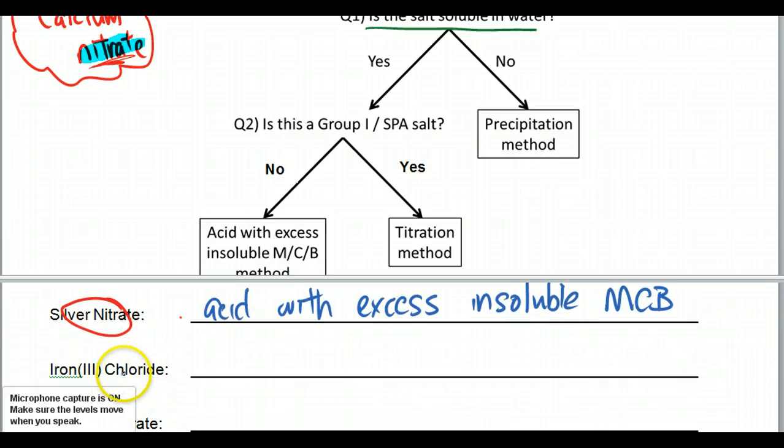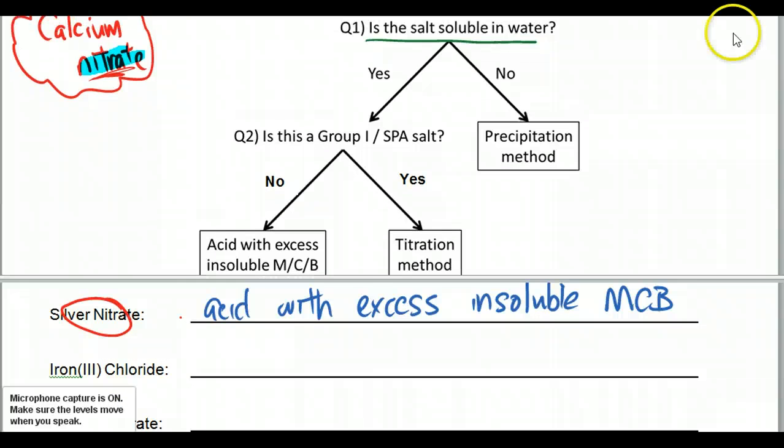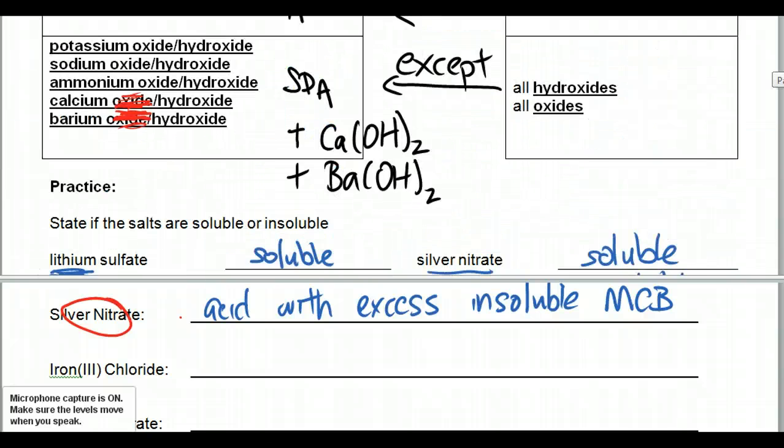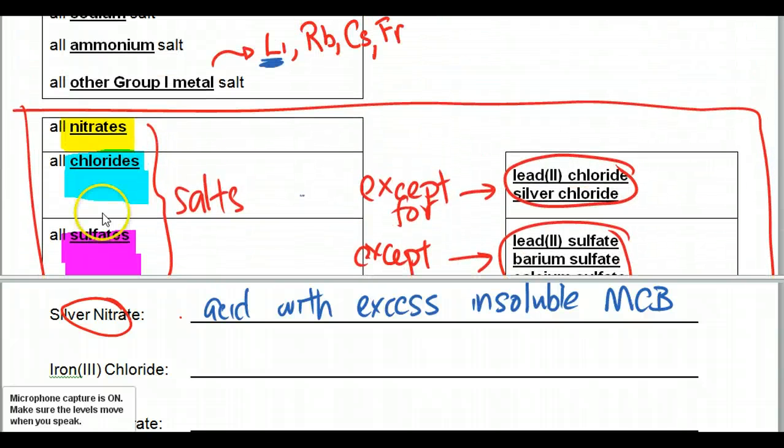Iron 3 chloride. So obviously we must ask ourselves the same question again. Start off with, is the salt soluble in water? Iron 3 chloride. So let's look under the chloride section. All chlorides are soluble except for lead 2 chloride and silver chloride. So we are looking at iron 3 chloride.